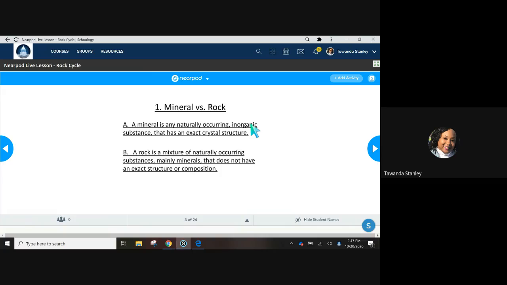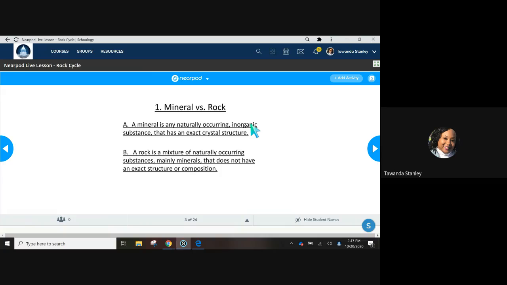So rocks, in how they are made up and how they are formed, have minerals. Also, a rock can form from other rocks. Another thing that makes a rock different from a mineral is that it does not have an exact structure, which means it may look different. Rocks may also be formed from a variety of minerals in different shapes or sizes.